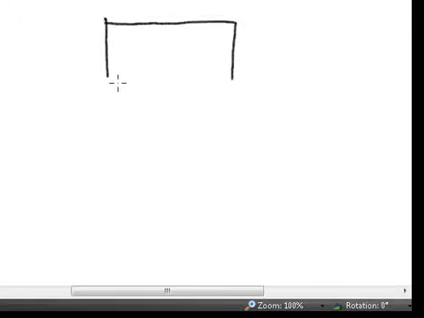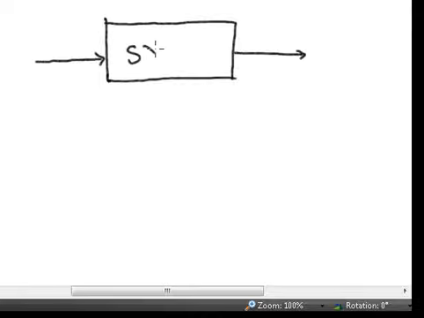I'm using this kind of sketch, which I think is called a block diagram or a flow diagram. In engineering, we use it a lot. A function is something more or less like this. And this box here, I call it a black box.